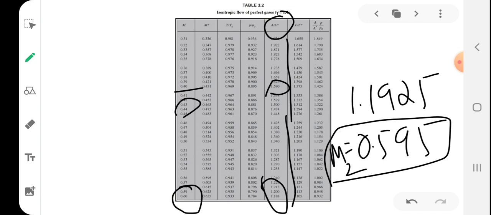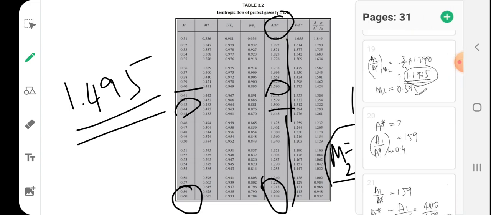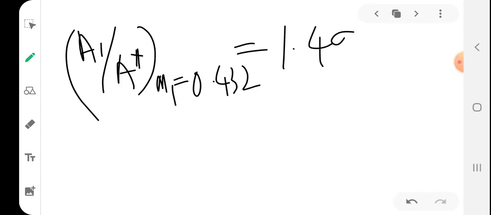Corresponding to that it will be around 1.495. Actual value will be 1.495. This value is obtained from gas tables.